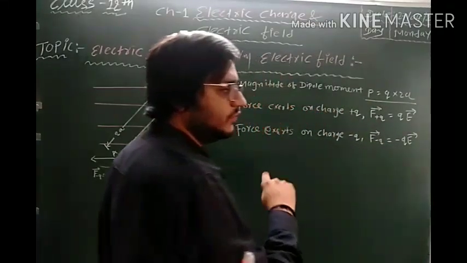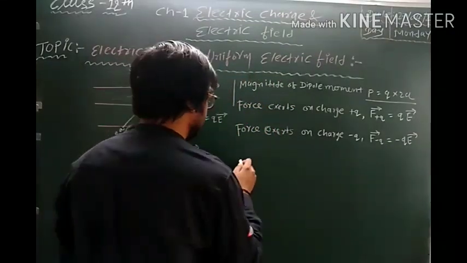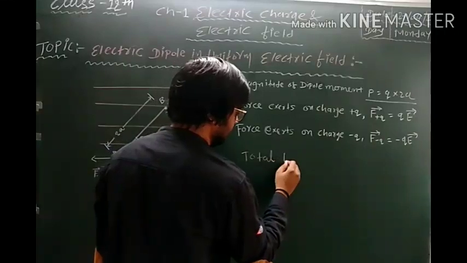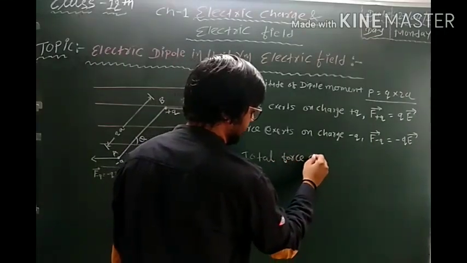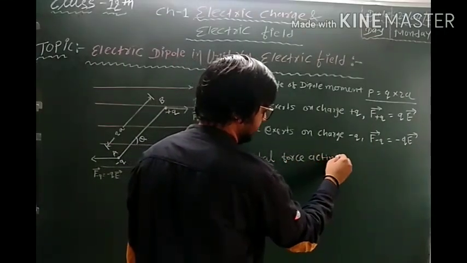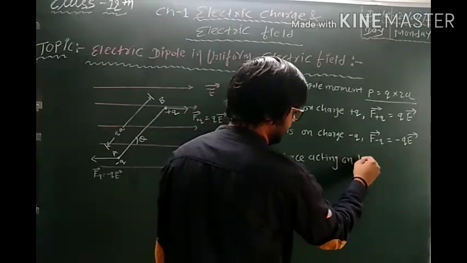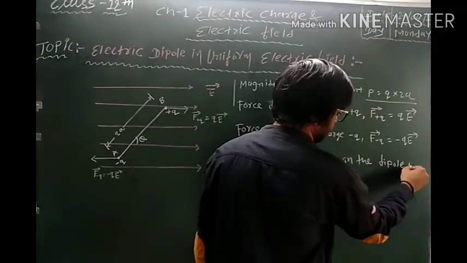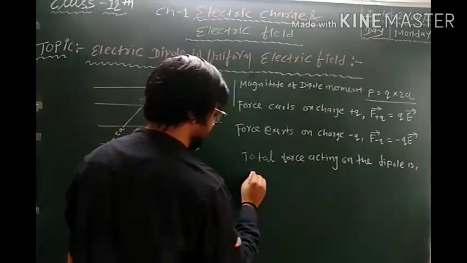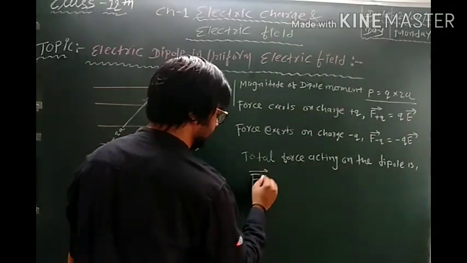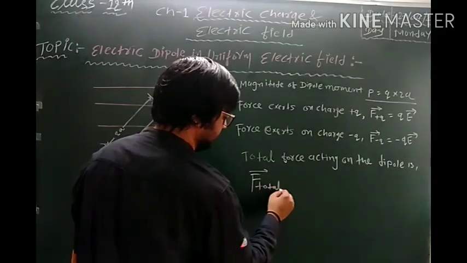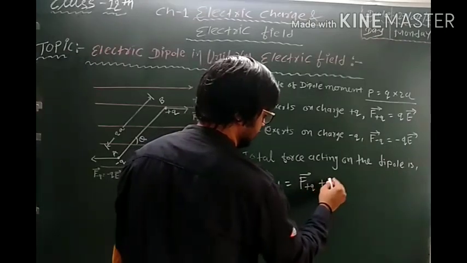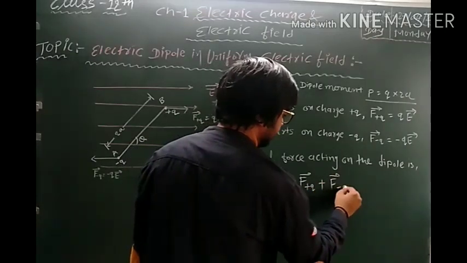So the total force acting on the dipole is F total, which is F plus Q plus F minus Q.